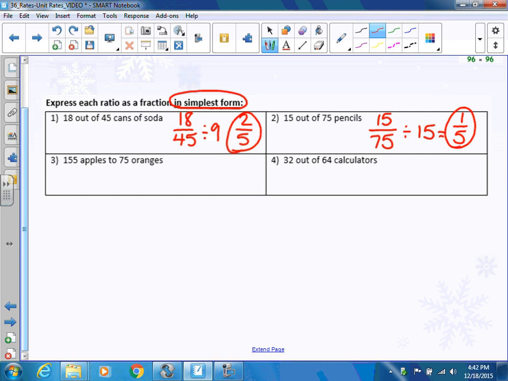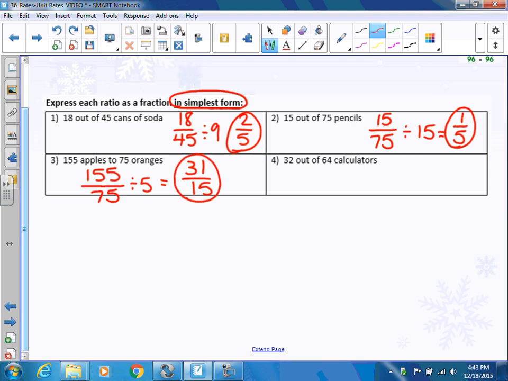The next one, notice I've got the bigger number first. That's okay with ratios, because sometimes you will have a bigger number. We have 155 apples to 75 oranges. I'm going to divide each of these by 5, and I get 31 over 15. And I'm going to leave it like that.